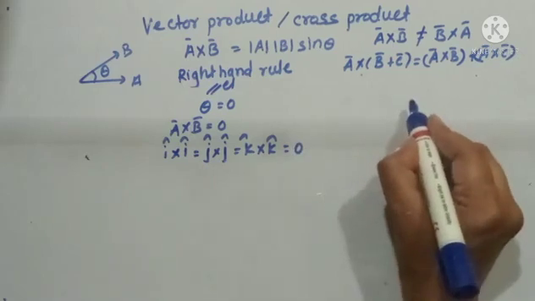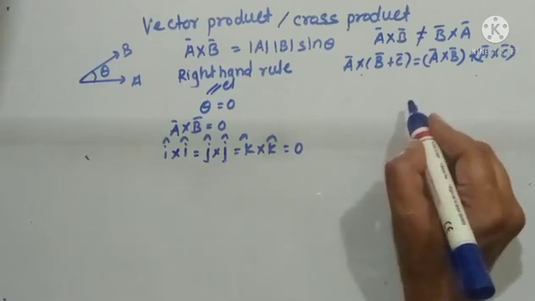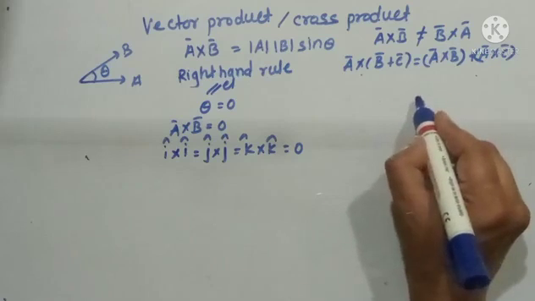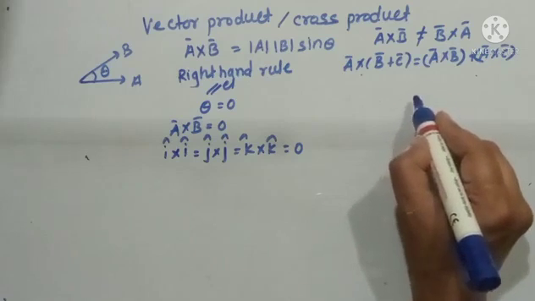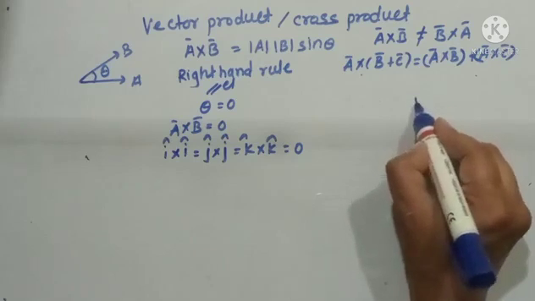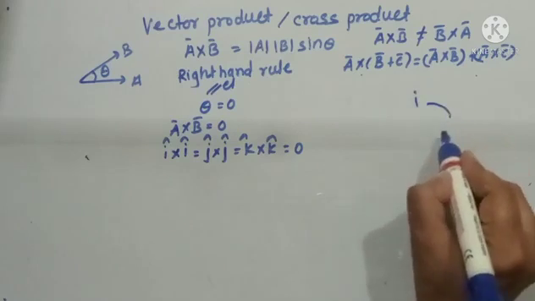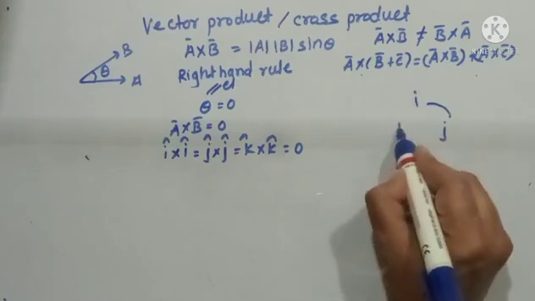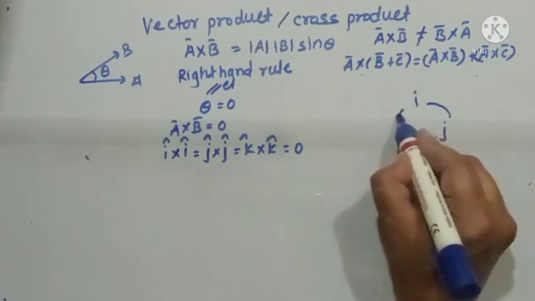As we know that the direction of the resultant is given by the right hand rule, it means that the resultant vector is perpendicular to both vectors. Suppose this is i, this is j and this is k.